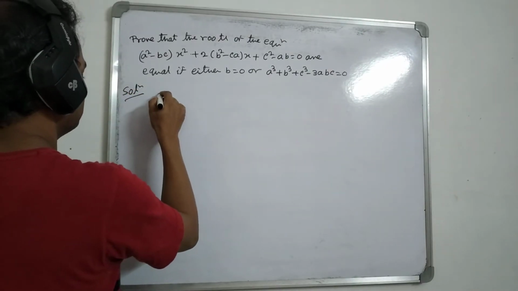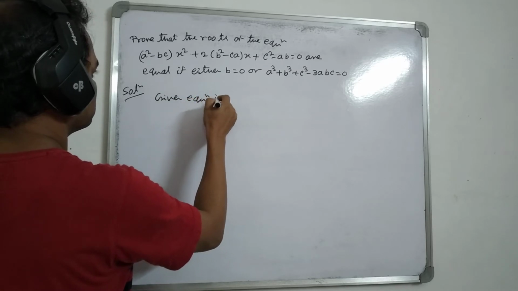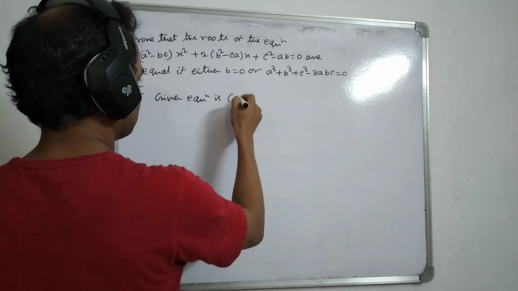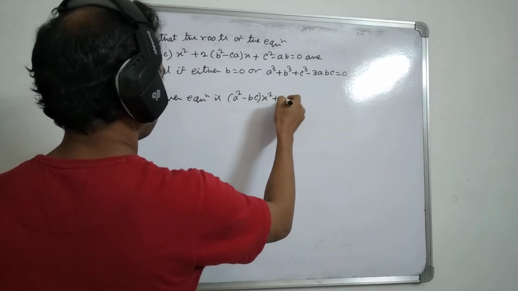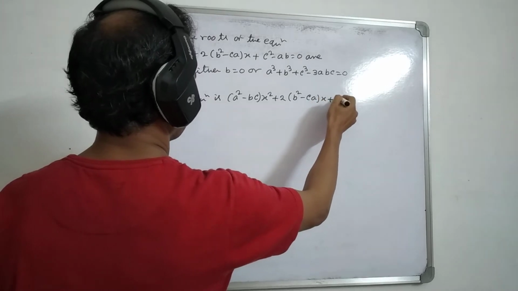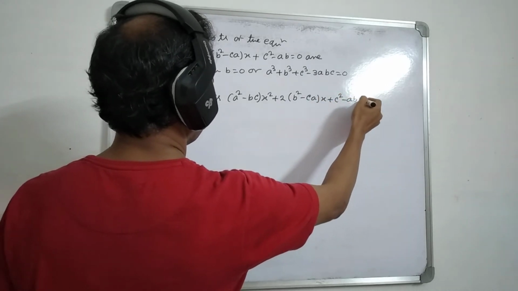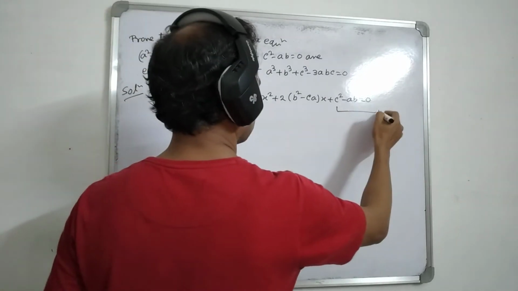Now the given equation is (a² − bc)x² + 2(b² − ca)x + (c² − ab) = 0. This is equation 1.